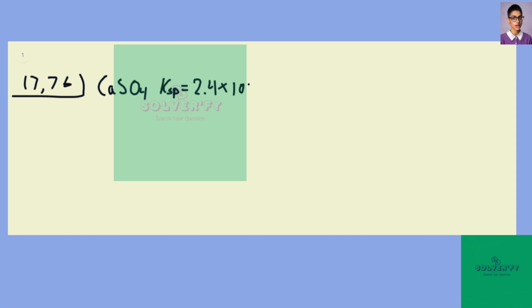So we're given the KSP values for calcium sulfate and for silver sulfate. For calcium sulfate, it's 2.4 times 10 to the minus 5. And for silver sulfate, the KSP is equal to 1.5 times 10 to the minus 5.